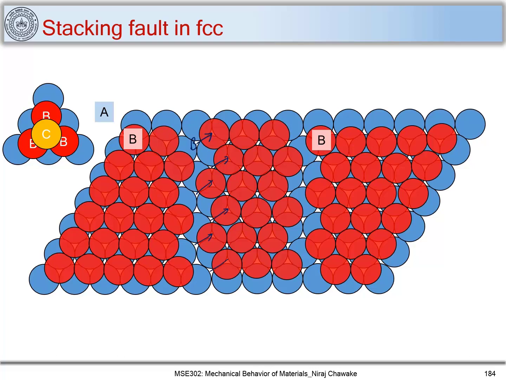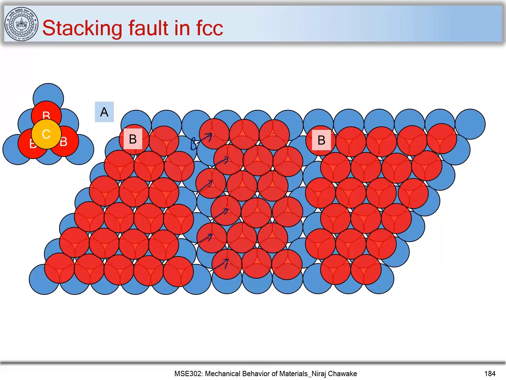Now if you look at this region also, here you have perfect B stacking, that is ideal B stacking over the A atomic layer, but these positions of atoms are shifted with respect to this position of atoms in this way. So let me mark that also.